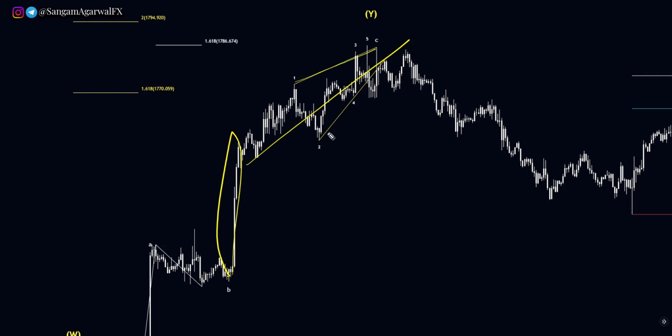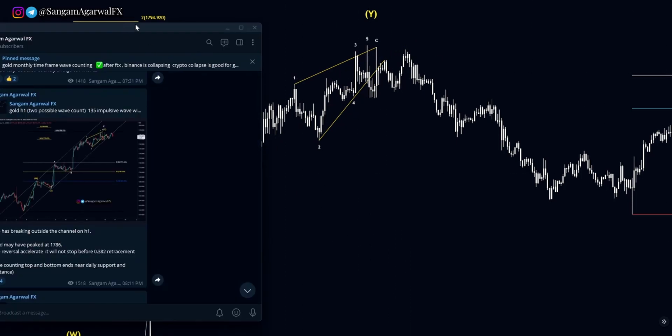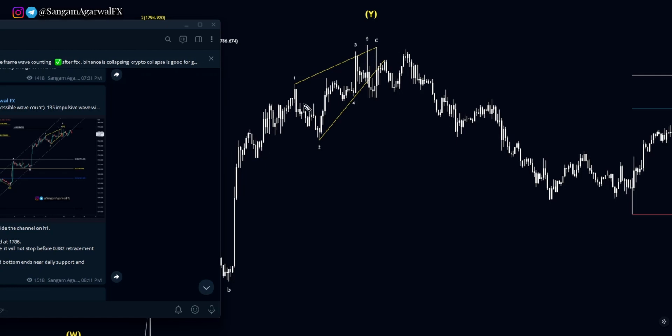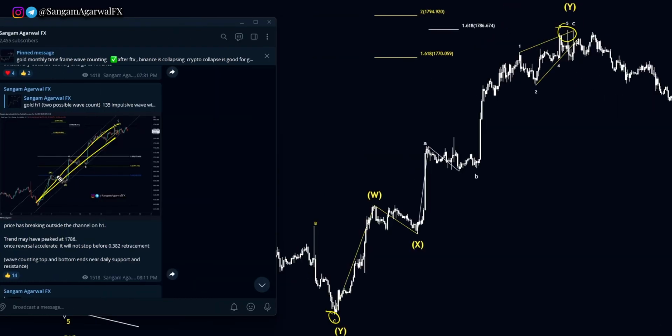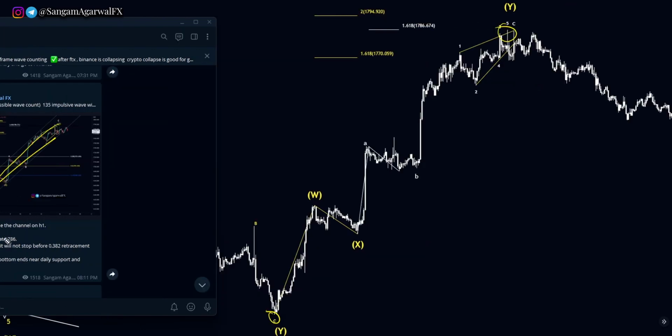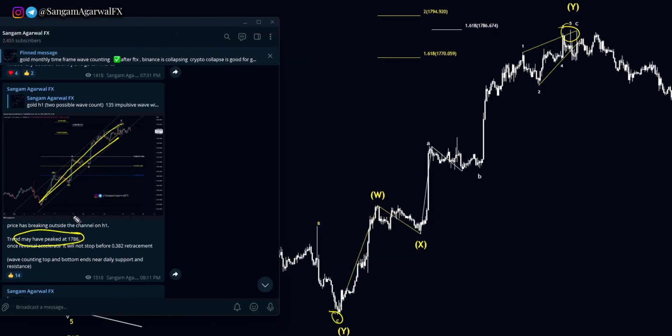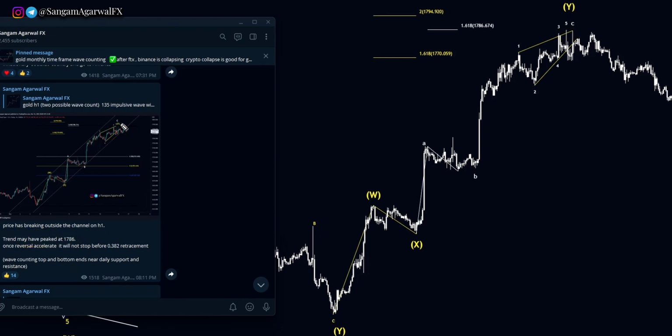And when the ending diagonal is confirmed, retesting the upper trend line 3 times and breaking the lower trend line, then our selling comes. And to help beginner intraday traders, when that diagonal was completed, the complete wave count from bottom to top was posted in the Telegram channel, and it was written clearly that the trend had peaked at 1786, before the drop started.